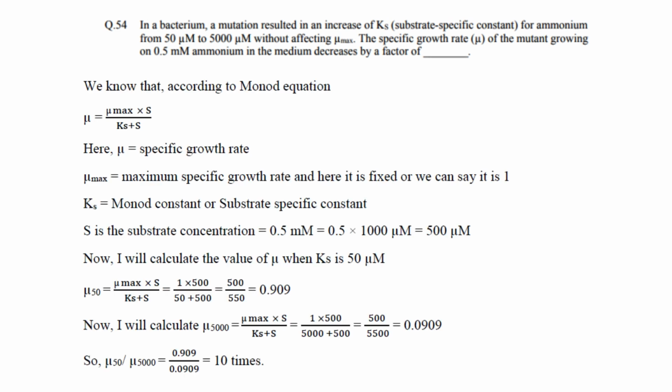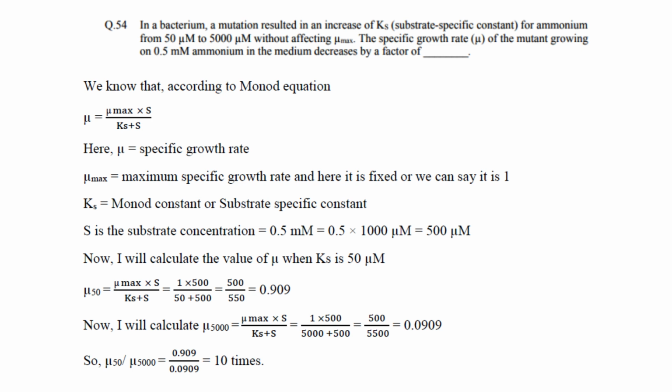We know that according to the Monod equation, mu is mu max into S divided by Ks plus S. Here mu is the specific growth rate, mu max is the maximum specific growth rate, and here it is fixed, or we can say that it is 1. Ks is the Monod constant or substrate specific constant. S is the substrate concentration, that is 0.5 millimolar, that is 500 micromolar.